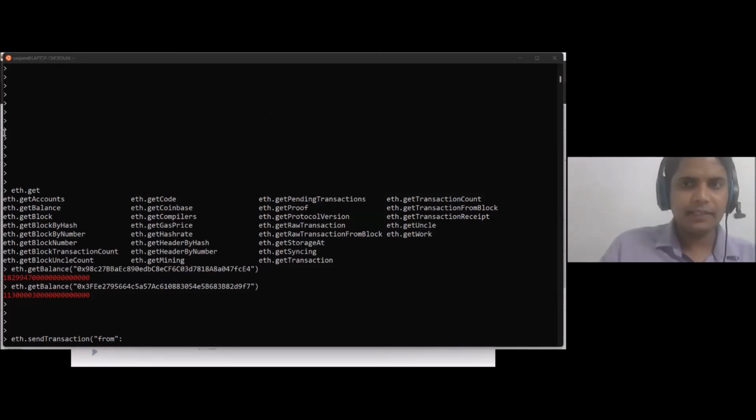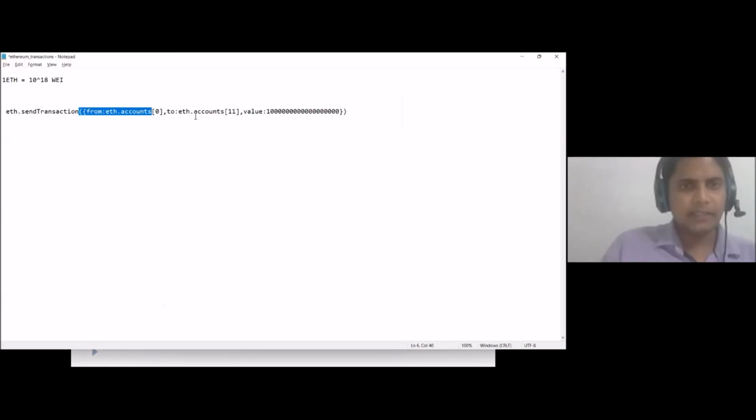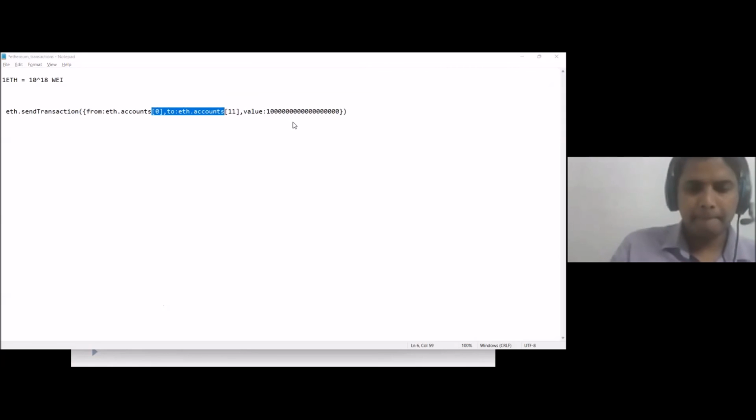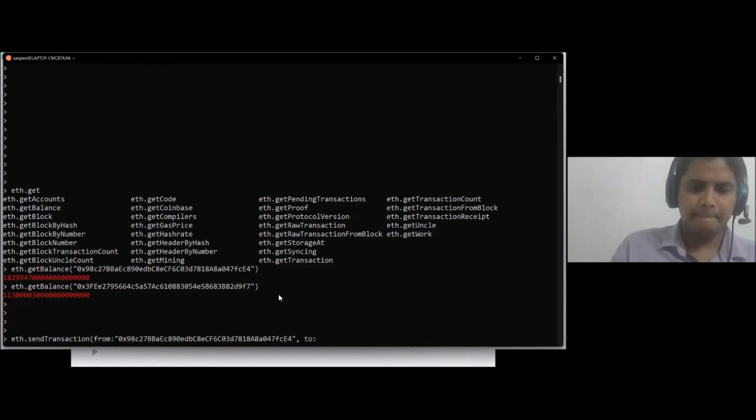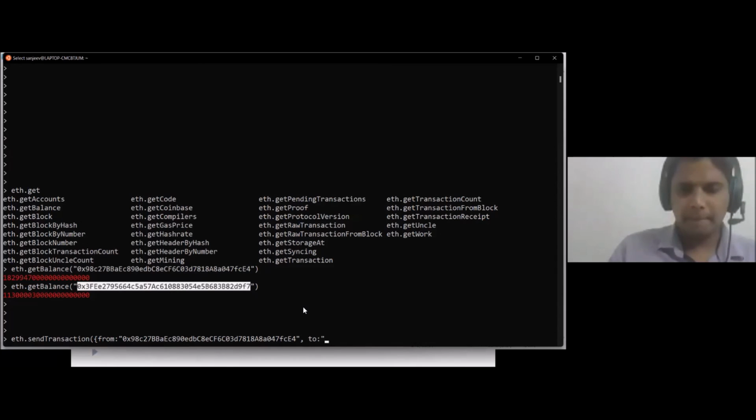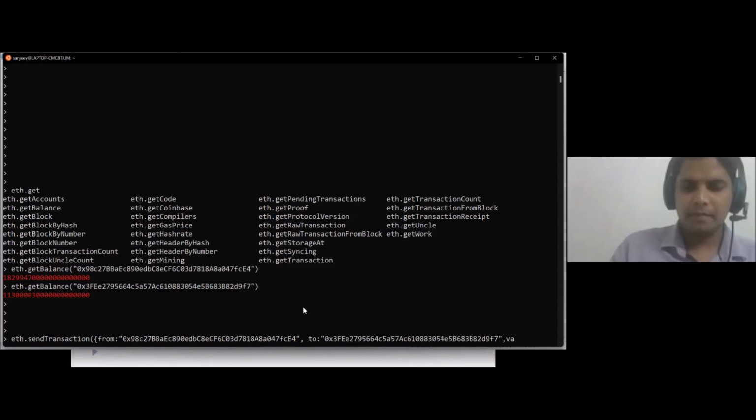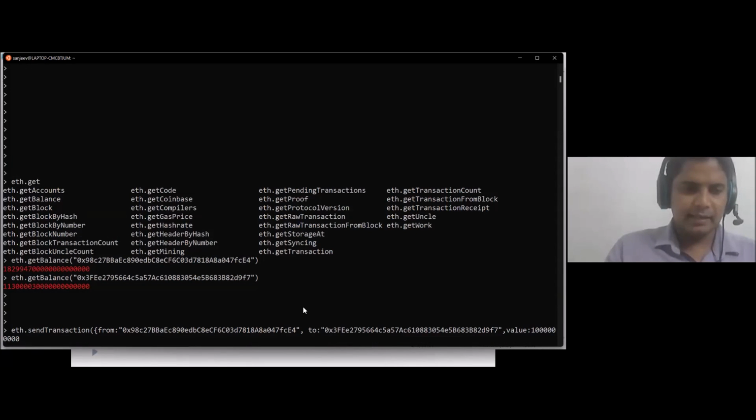Let me check my transaction if it is correct. Then I type 1 followed by 18 zeros.